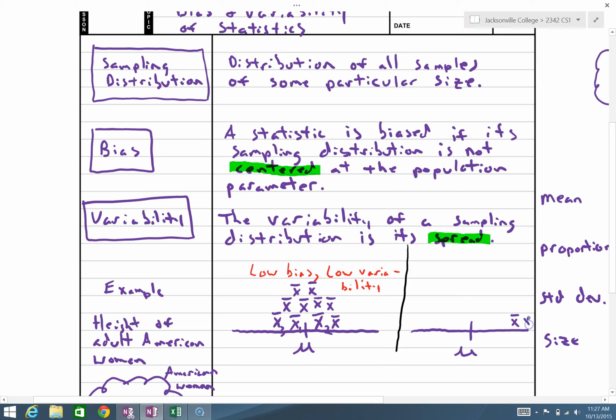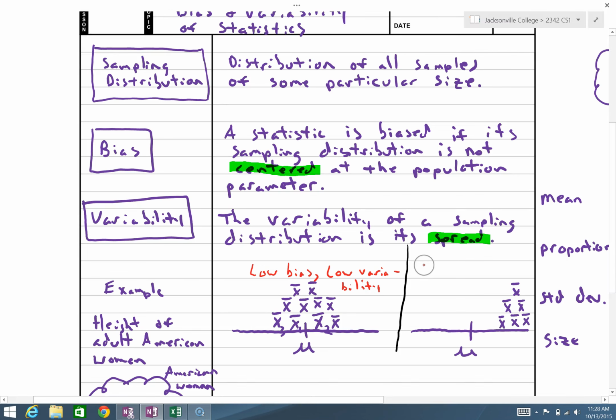Maybe we sample the women's basketball team at our local college, and so this time all of our samples are not centered on the mean. Okay, here's where we want to be centered. This is the true value, but here all of our samples, they just happen to be greater than that for whatever reason.